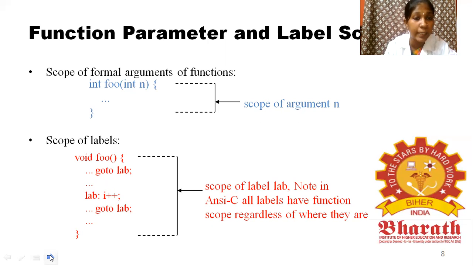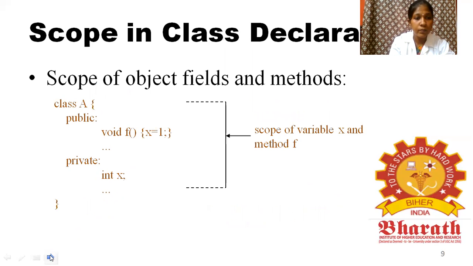The scope will be from the start of the void function to its end, because we have declared our label in the function itself. After the label has been declared, it is used by the increment operator, so the scope of the label is inside that particular function alone.